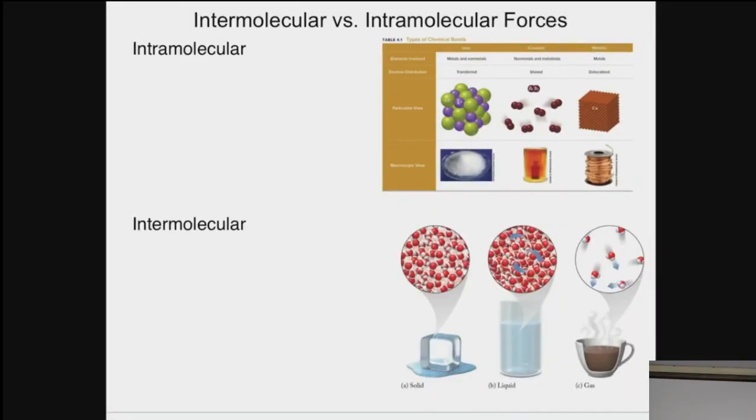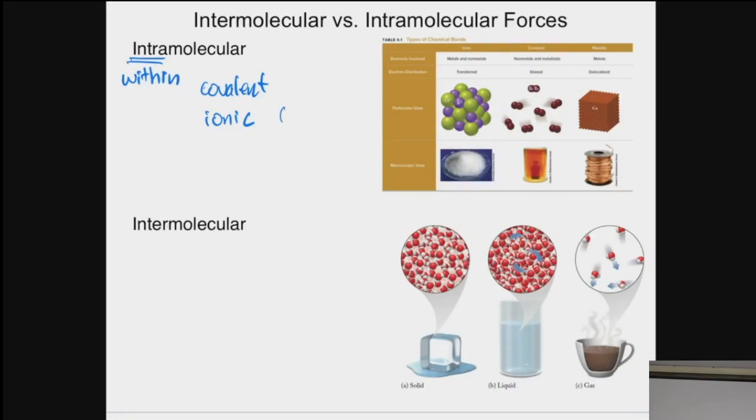What you learned last semester was the intramolecular forces. This is within molecules. Those were the things like the covalent bonds and the ionic bonds. Those are going to be the strongest attractive forces that we'll be talking about.